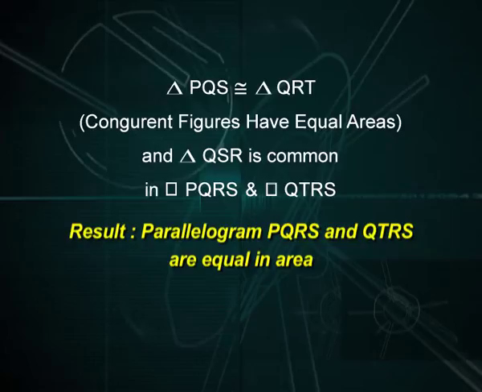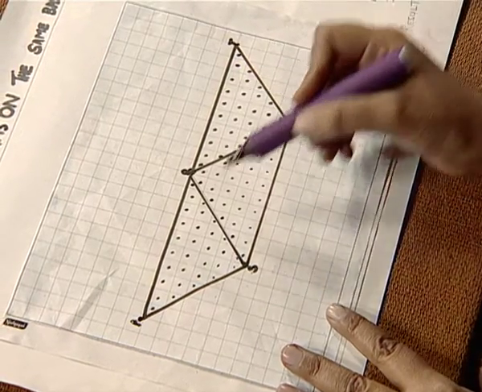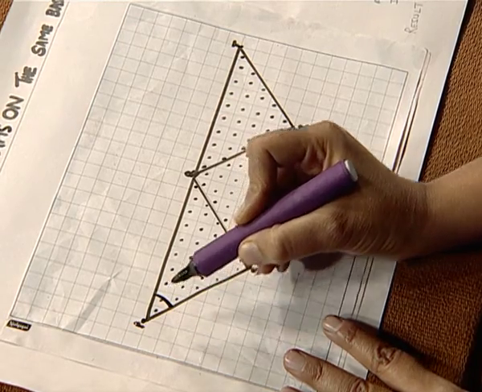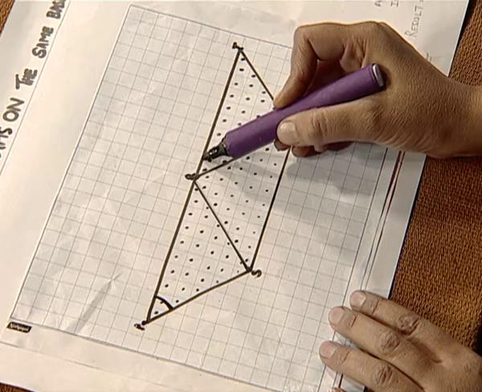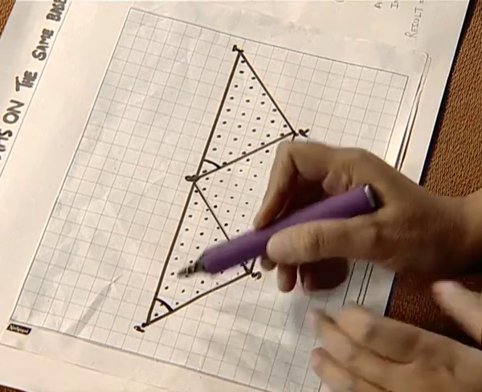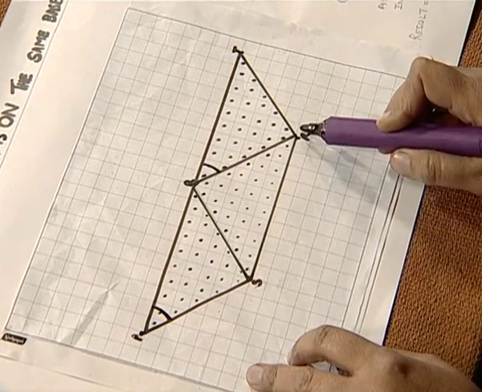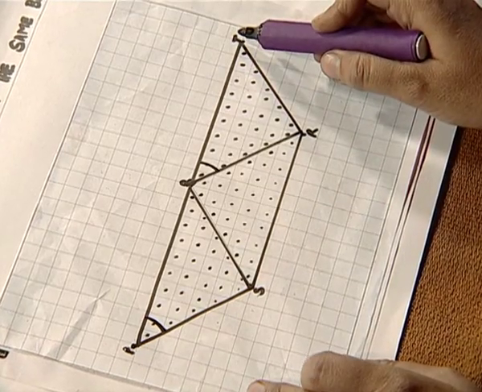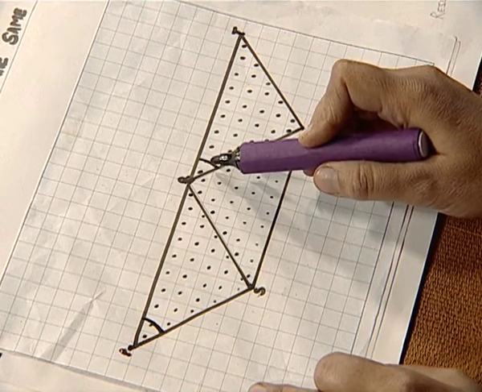Now, we can show that as these two triangles are congruent, their angle P is equal to angle Q, as PS and QR are parallel and PT is a transversal, and these two angles are corresponding angles.